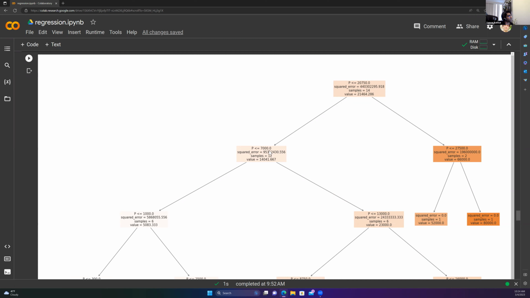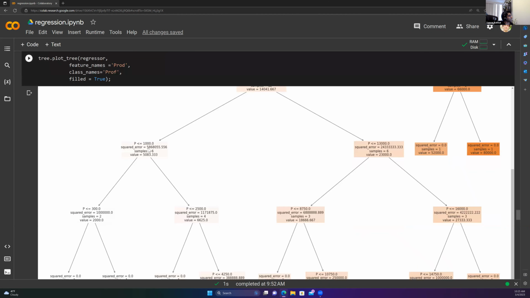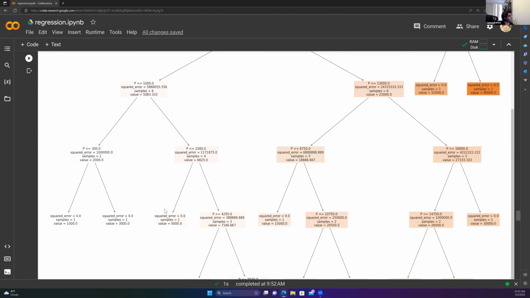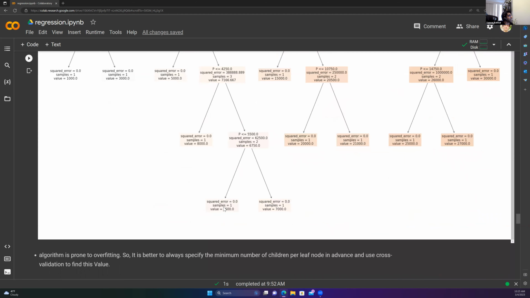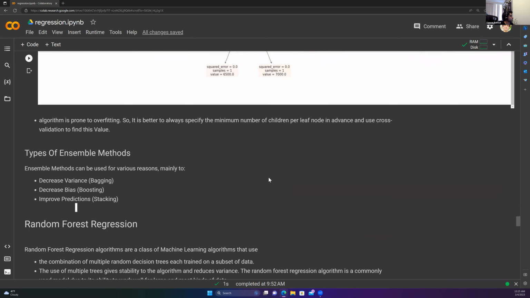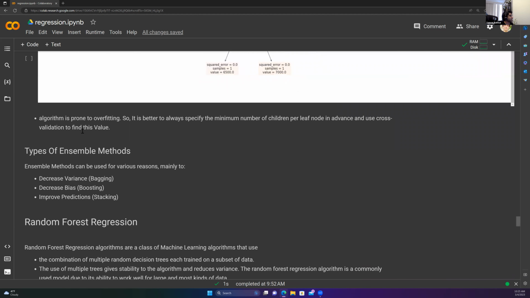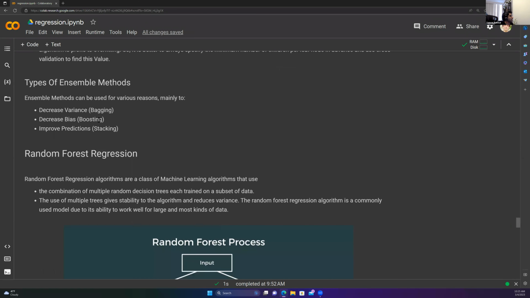Then your decision rule is, should the profit be less than or equal to this? If you go down this path, you have these attributes to explain it, and eventually you get to the leaf nodes with a squared error of 0 and the predicted values. This algorithm is prone to overfitting, so it's better to set the minimum number of children per leaf node in advance and use cross-validation to find the values.